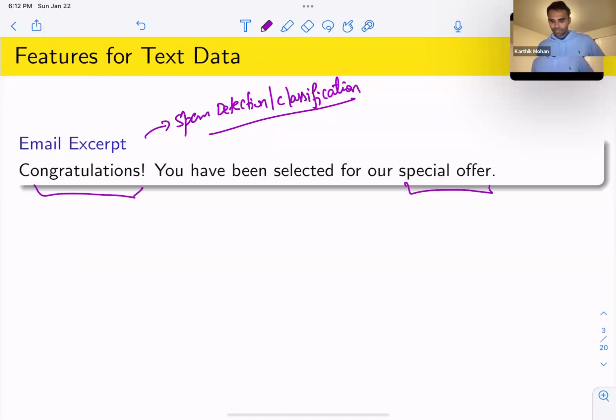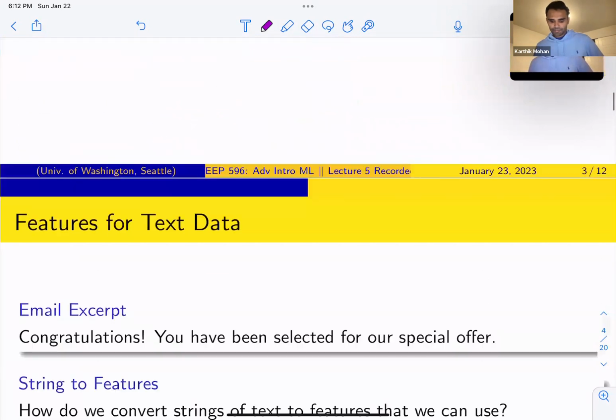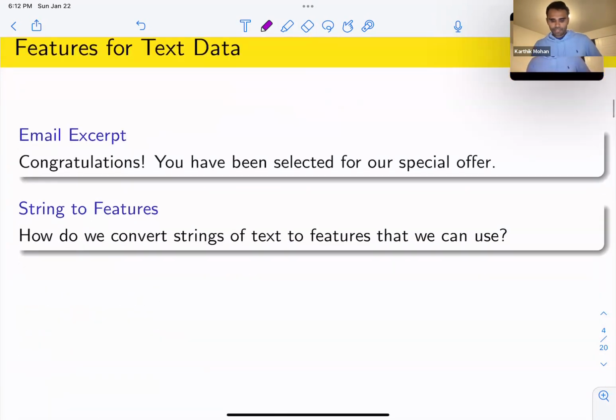The special offer, this is a feature. So I want to see how do I extract features from a sentence so that whenever a model sees this word congratulations, or it sees a combination of words, special offer, it triggers something that can say that this is a spam. So the question is, how do we convert strings of text to features that we can use?